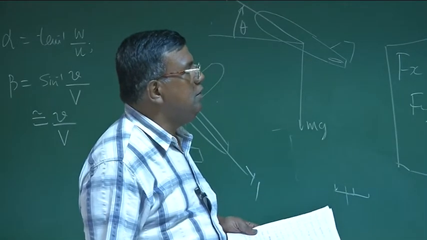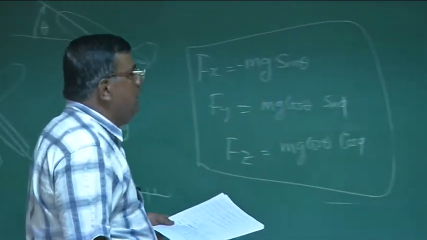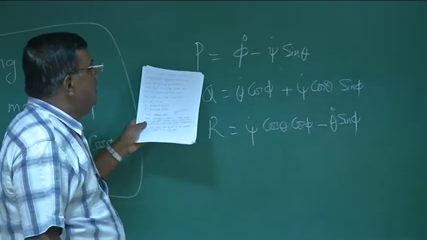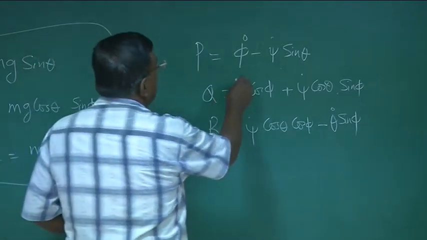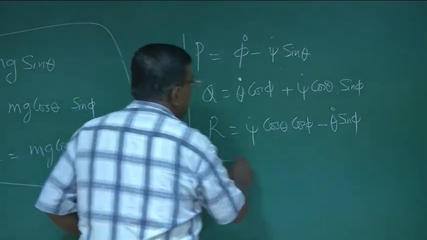To complete the whole equations of motion, we also need to develop the relationship between P, Q, R and phi dot, theta dot, psi dot, etc. And the equations are like this.